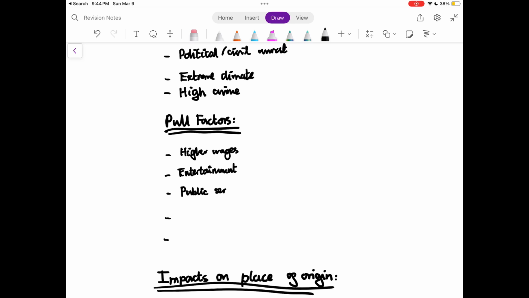And this allows migrants to have better access to healthcare, education, etc. And there may be more job opportunities in the destination, which again allows the migrants to earn income. And there also may be a lack of corruption in the place of destination, so there is more security and less political instability.